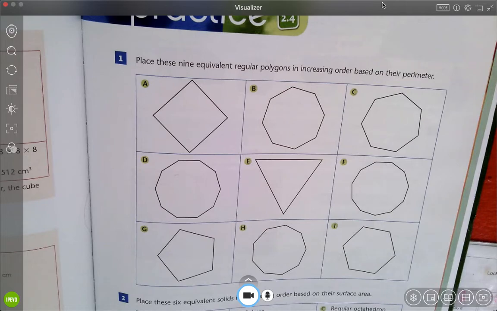That's it for today. So today what we did, we reviewed what equivalence was. Equivalence is two shapes or more with the same area. If you know that, you're still golden. Now we're going into optimizing the perimeter. So if there are equivalent areas, how do we optimize the perimeter?